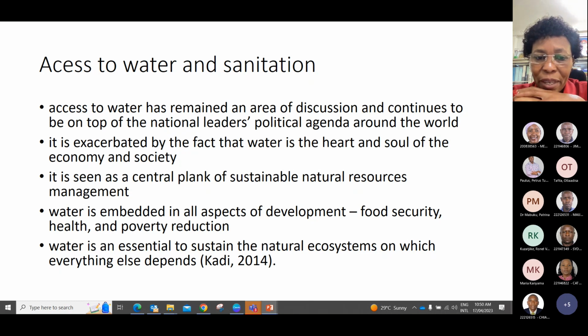It is exacerbated by the fact that water is at the heart and soul of the economy and society. And literature informs you that civilization and development happen when there's water. When there's no water, civilization will be a challenge to realize. And when there is no water, development will also be realized, but in a difficult way.